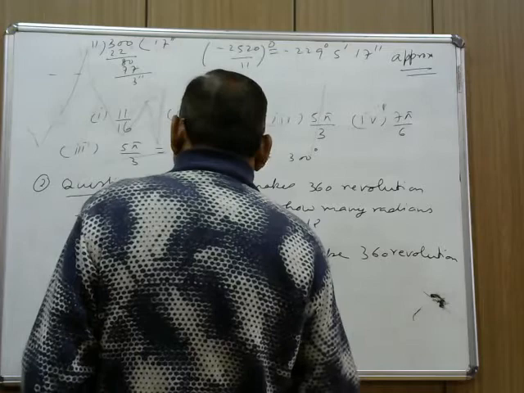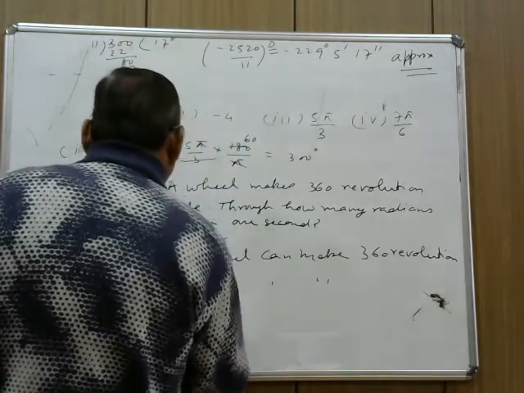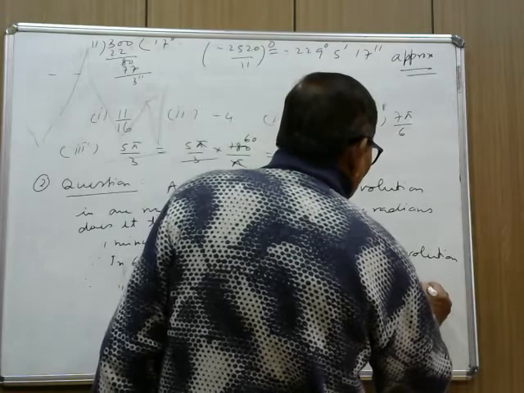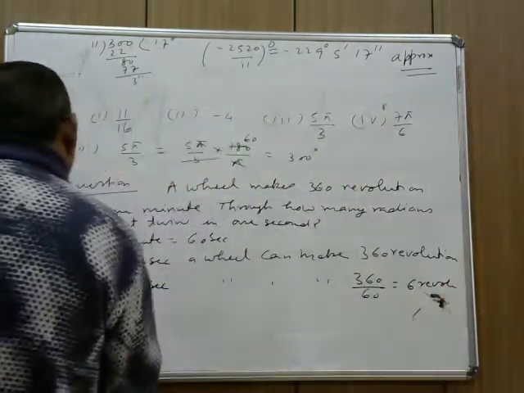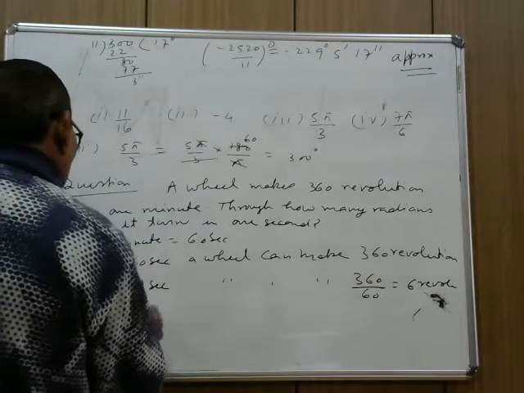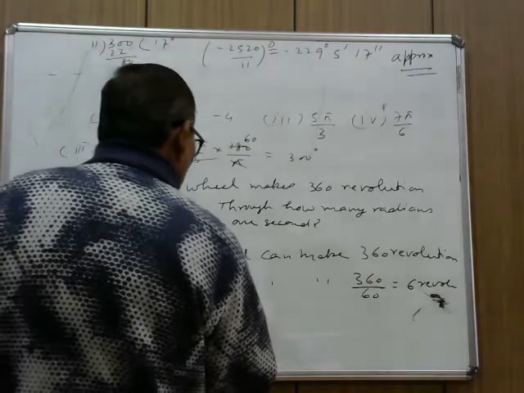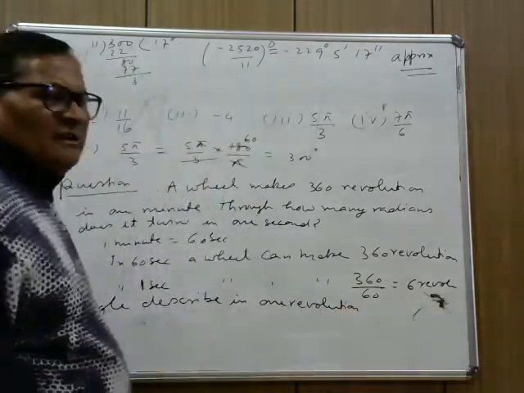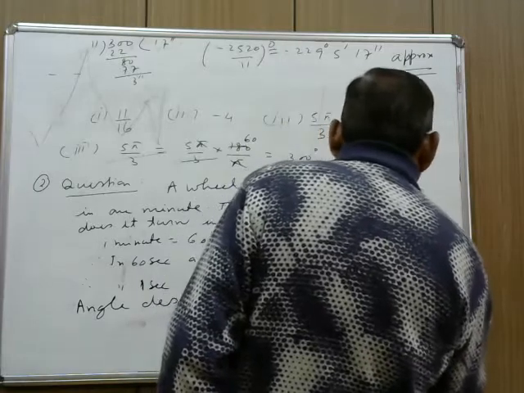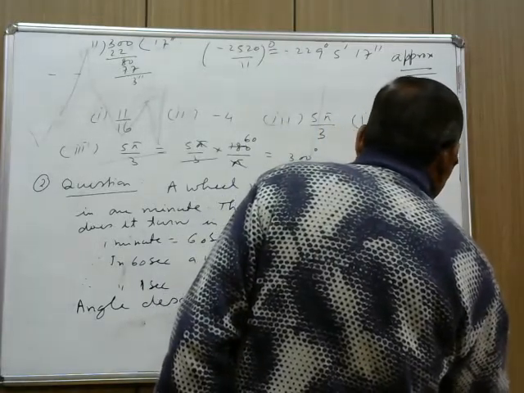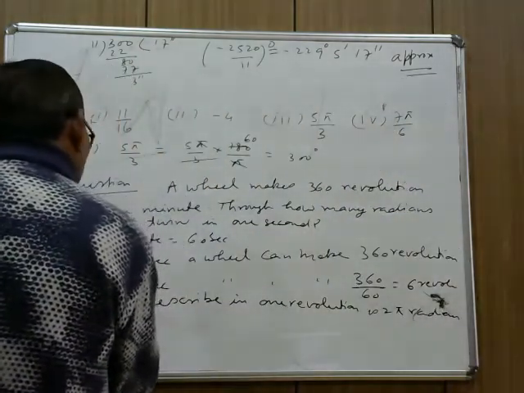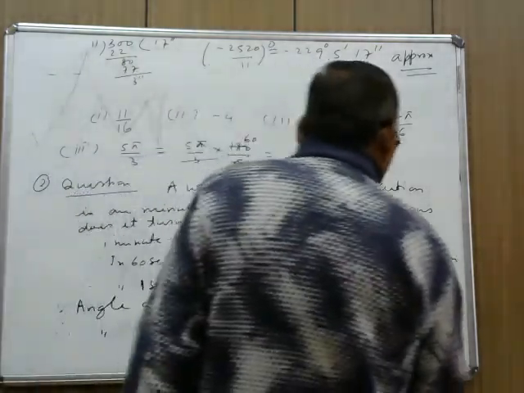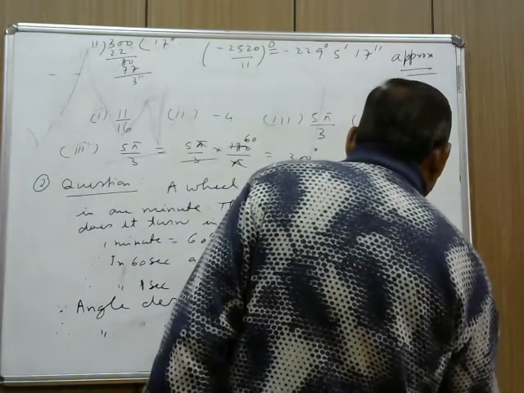Revolutions in 1 second equal 360 divided by 60, that is equal to 6 revolutions. Now, the angle described in 1 revolution is equal to 360 degrees. 360 degrees are 2 pi radians. Therefore, the angle described in 6 revolutions is 6 into 2 pi, that is equal to 12 pi radians.